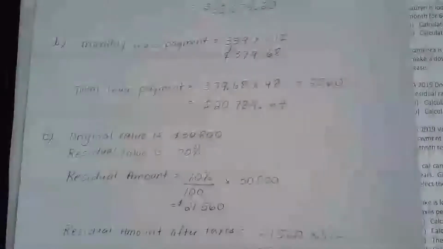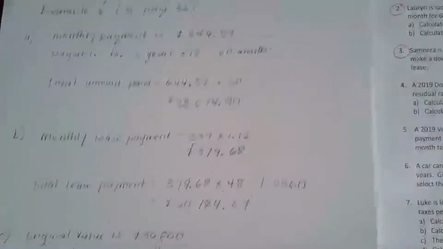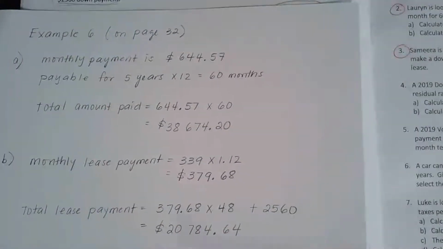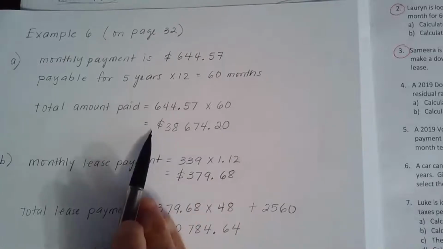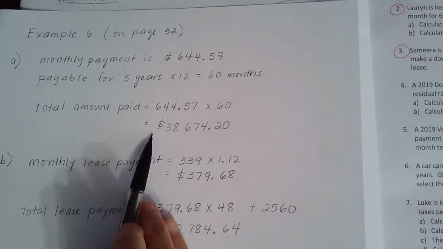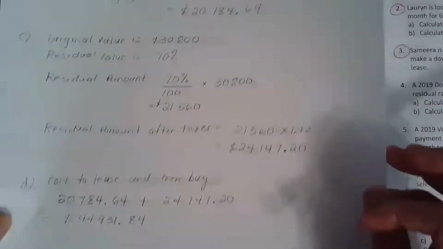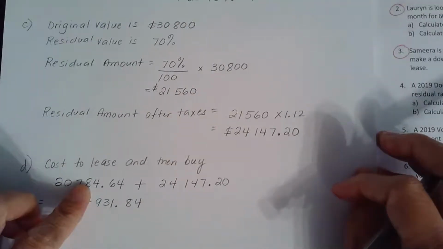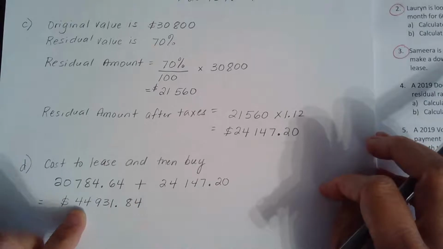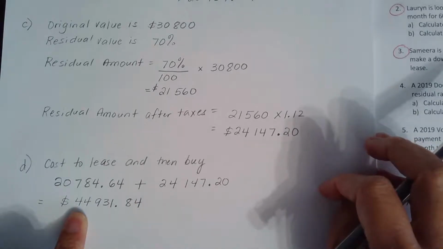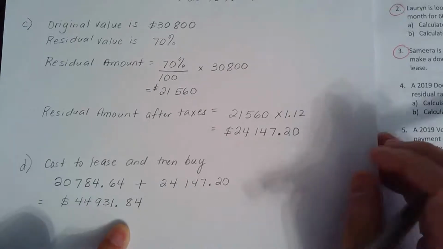Now before we move on, if she just bought it and put it on a loan, her total amount was $38,674. If she leased it and then after 4 years bought it, her total cost is $44,931.84.